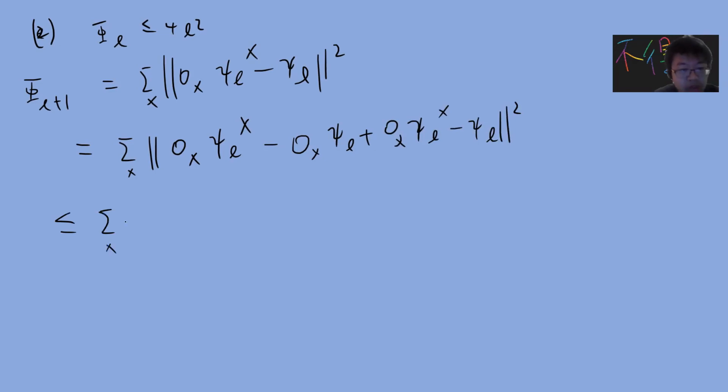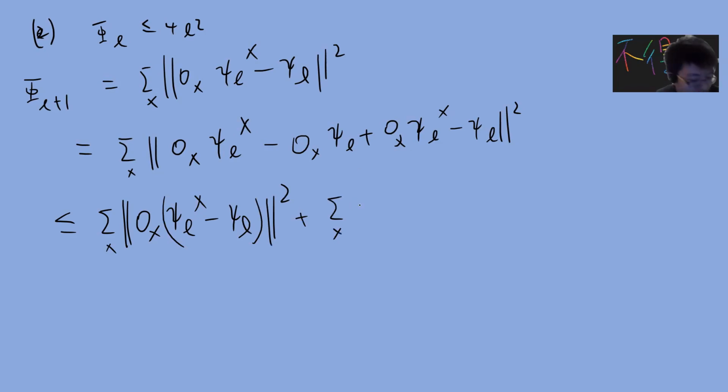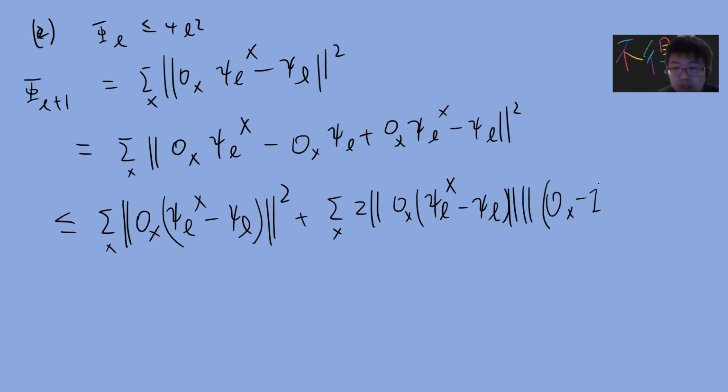Then I replace the cross term by the magnitude, so I get the sum of OX minus I psi L plus the sum of OX minus I psi L squared.